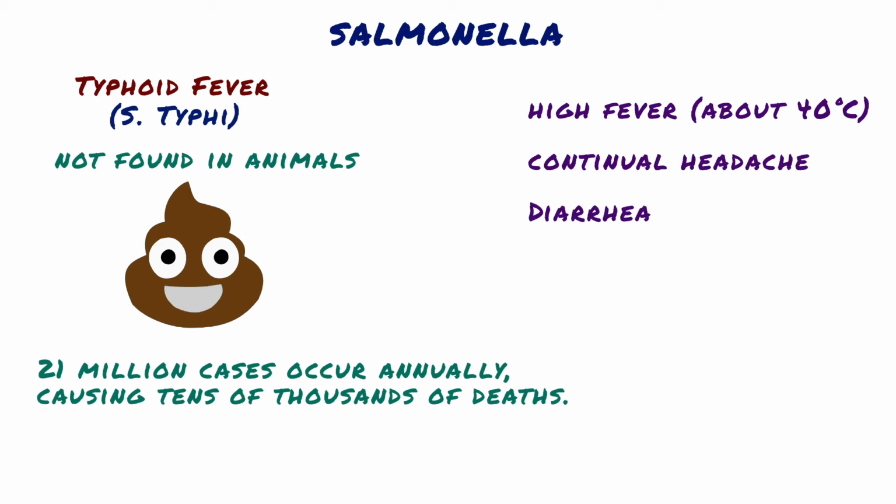Diarrhea appears only during the 2nd or 3rd week, and the fever then tends to decline. In severe cases, which can be fatal, ulceration and perforation of the intestinal wall can occur. Before antibiotic therapy was available, a mortality rate of 20% was common. With the treatments available today, it is less than 1%.